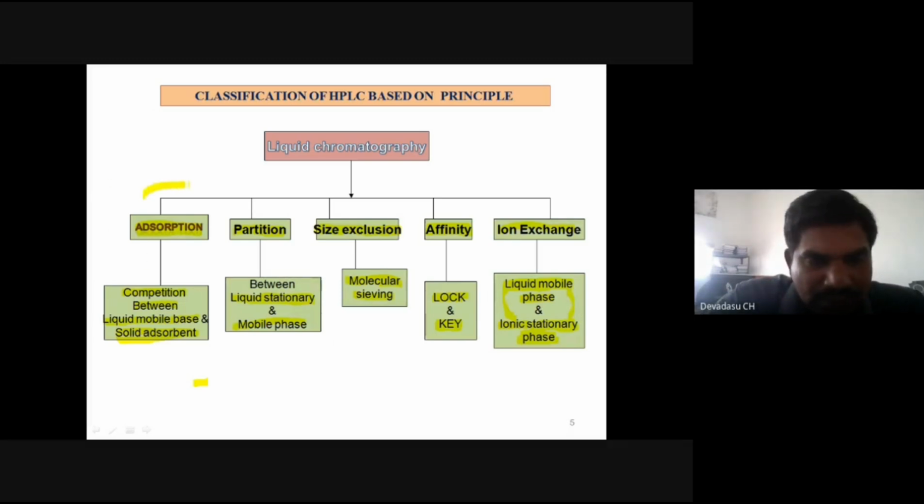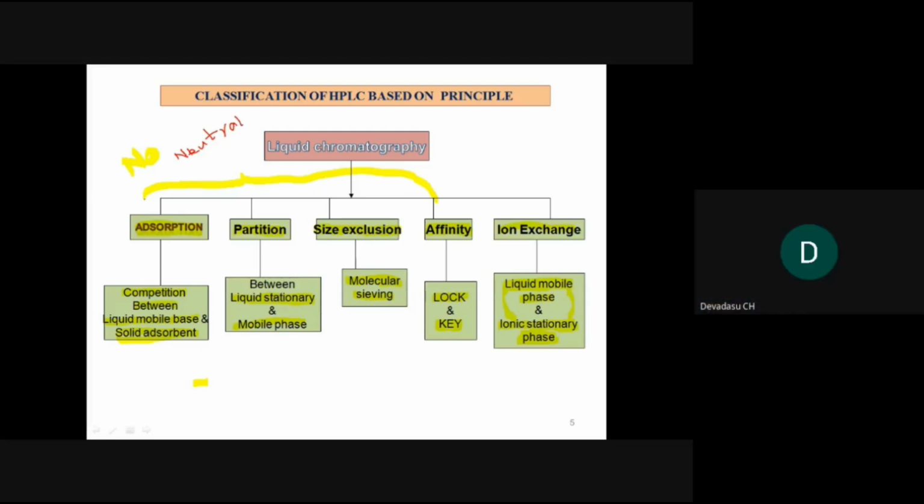So from adsorption to affinity, the techniques are suitable for neutral solutes. Neutral solutes in the sense, these species are not ionic, these are electrically neutral. There are no cations. The molecule here exists as unionized.